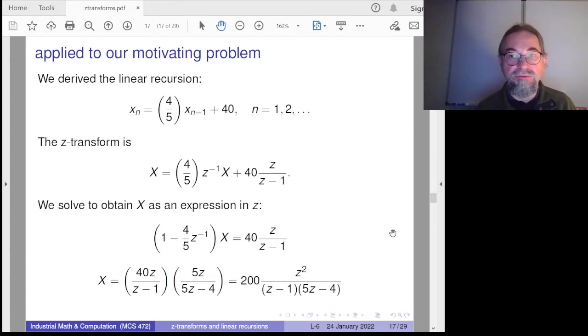Perhaps I could start with the constant. We have seen that the constant signal 1, 1, 1, 1, 1 has the z-transform z over z minus 1. So we have the 40 in there, so for the constant alpha, we had alpha times z over z minus 1. We had the delay, and then we can also apply linearity here.